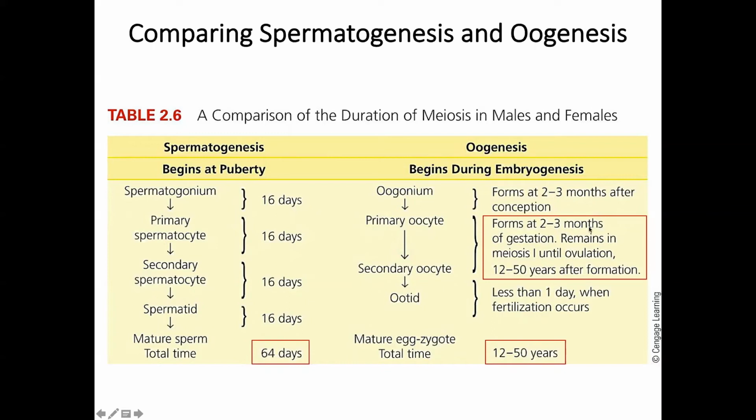Therefore, you can conclude that the total time for spermatogenesis is approximately 64 days to generate a mature sperm, but the whole process for a female is 12 to 50 years, depending on how soon the egg can be fertilized and form a zygote. A zygote means a fertilized egg.